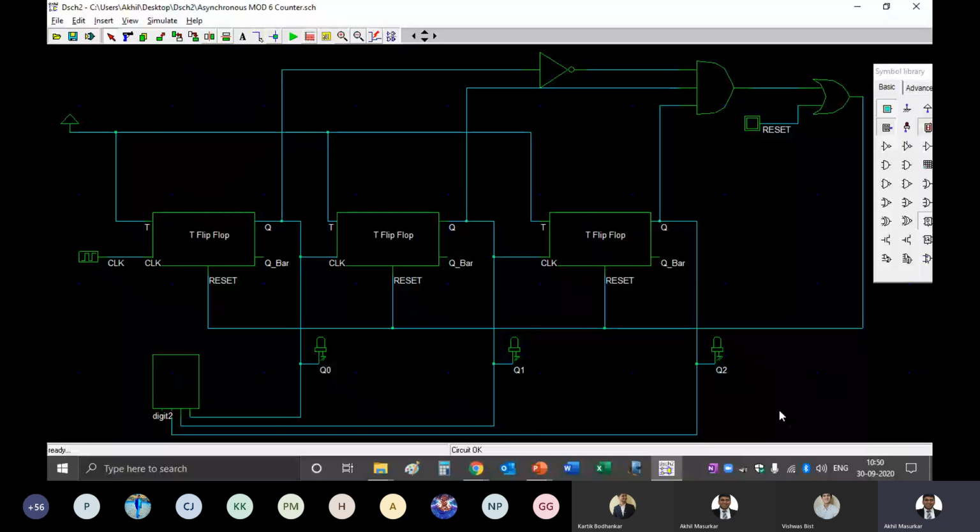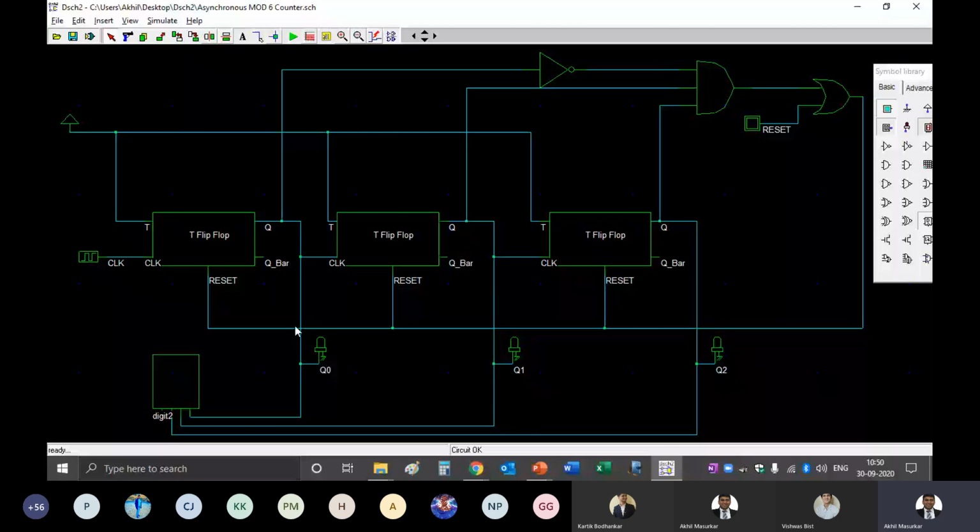Karthik, are you understanding this? Yes, sir. It's not very difficult, but the concept here is that since you want to count from 0 to 5, all you have to do is detect the invalid state and reset it. Detect the next invalid state and reset back to 0.